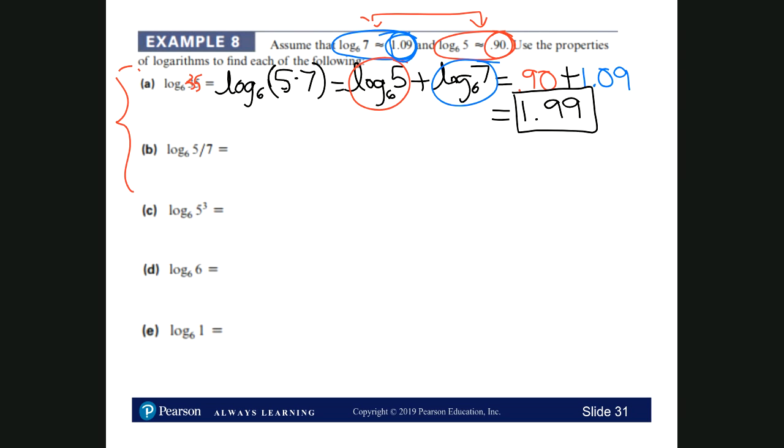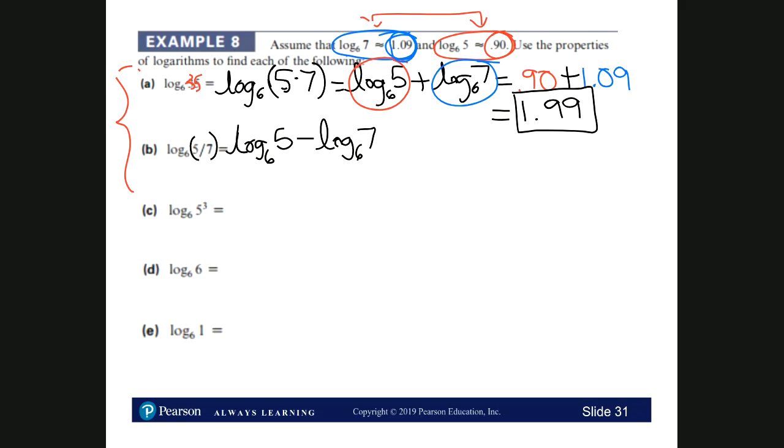Now the next one, we have here the log of a quotient, that is 5 divided by 7. So here what we're going to use is log of 5. We're going to expand it using the quotient rule or the quotient property for logarithms, and that will be minus the log of 7 base 6.